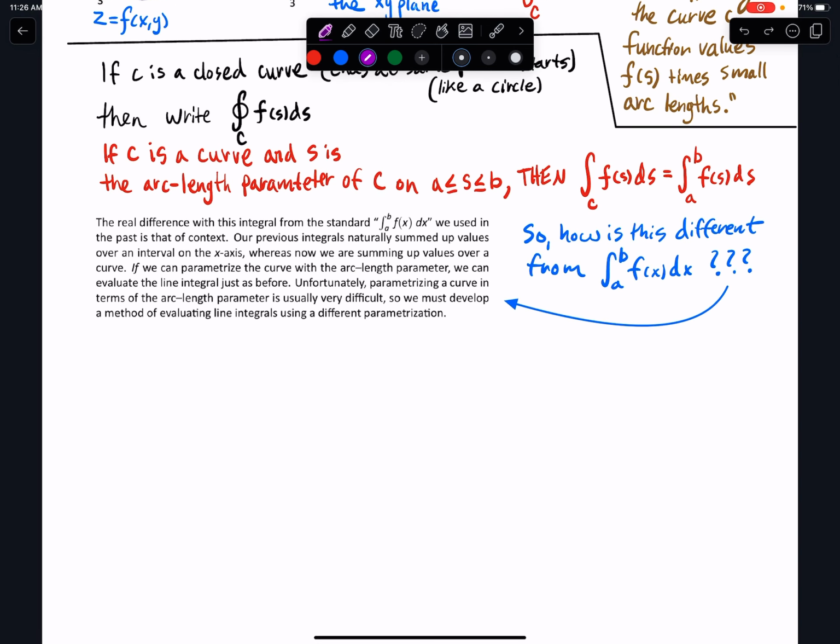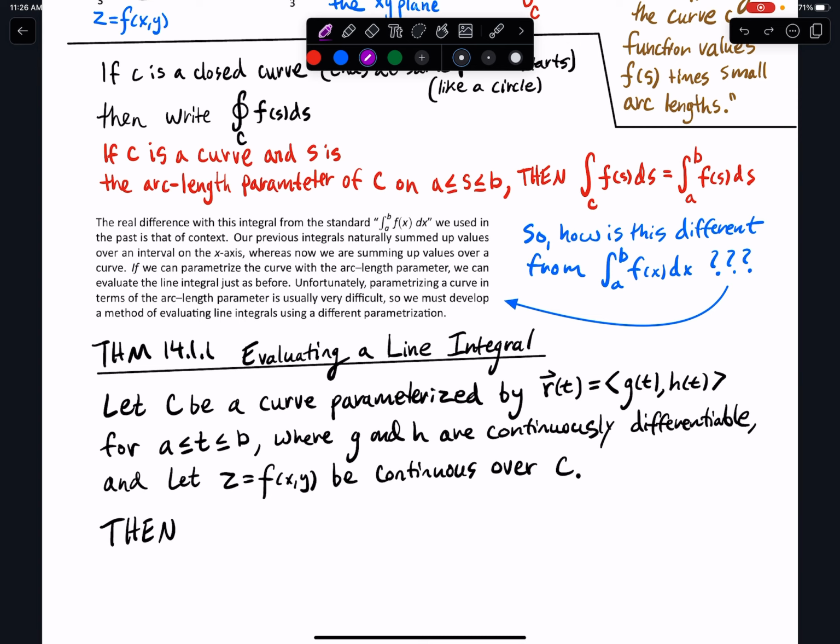Theorem 14.1.1, evaluating a line integral.